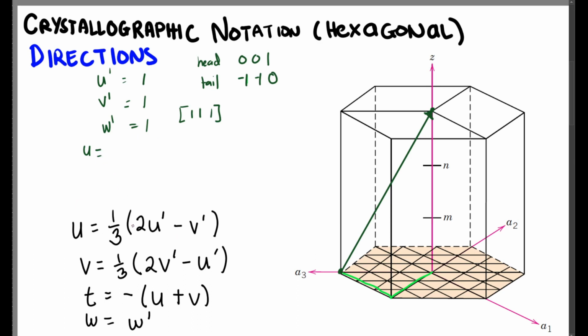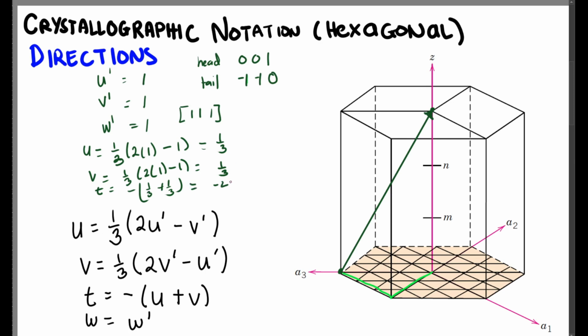U will be equal to 1/3 of 2 times u prime minus v prime, so 1/3 of 2 times 1 minus 1. This is 2 minus 1. 2 minus 1 is 1. We have 1/3 here. For V, this is 1/3 of 2 times 1 minus 1. We have 1/3 here. For T, this is negative U plus V, so 1/3 plus 1/3, negation of that one, we have negative 2/3.